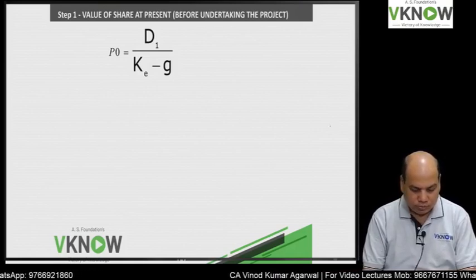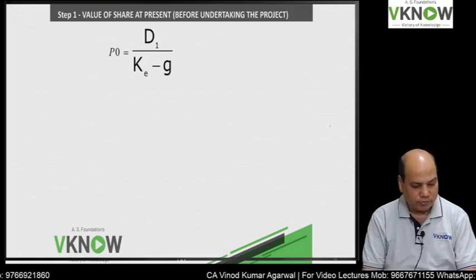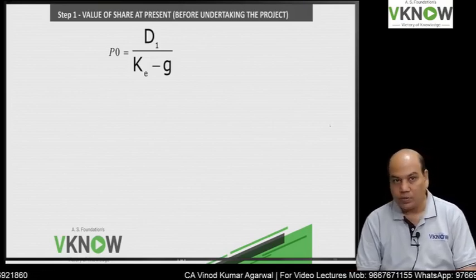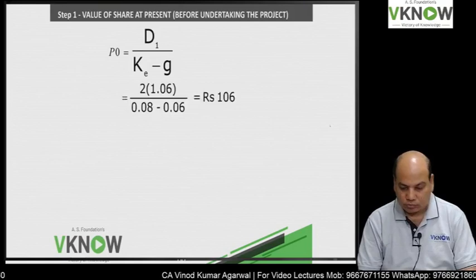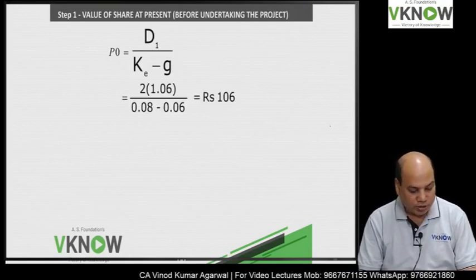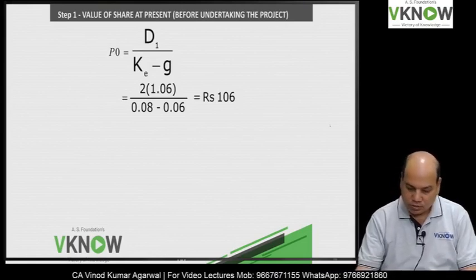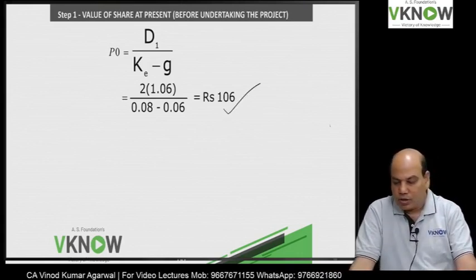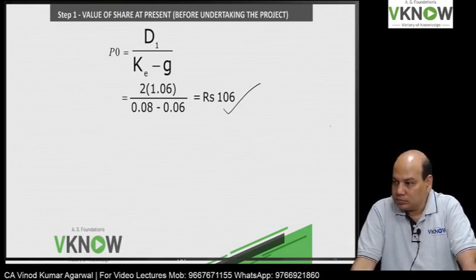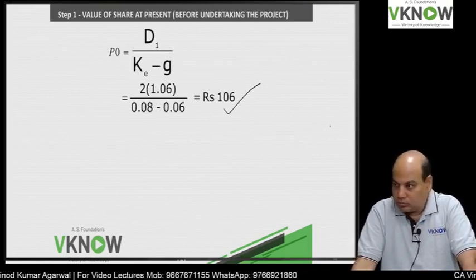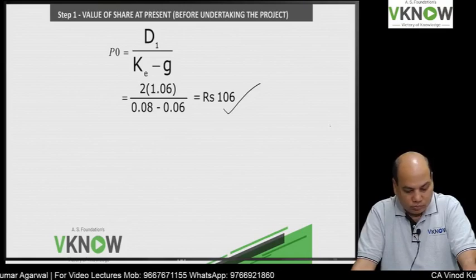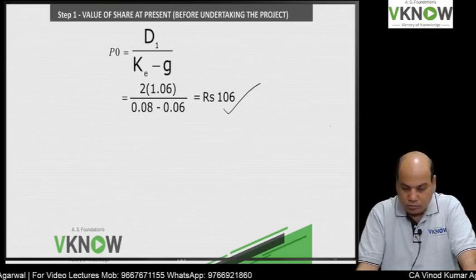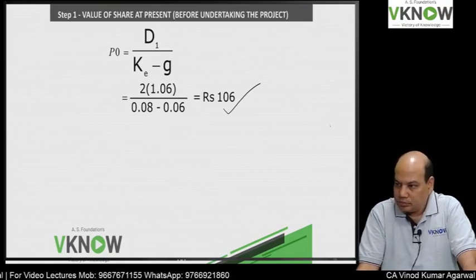P0 equal to D1 upon K minus G. Last dividend was 2 rupees, so 2 into 1.06 divided by 8% minus 6%. Rishabh got it right, 106. What about other students? Have you also got 106? 106 is right. Okay, go ahead.